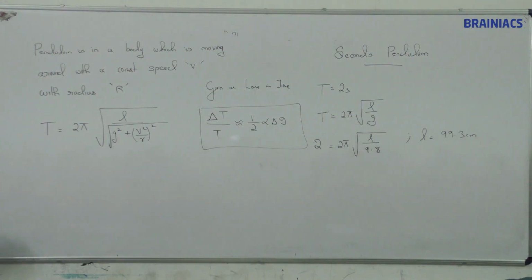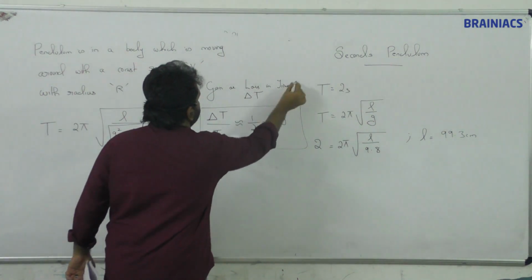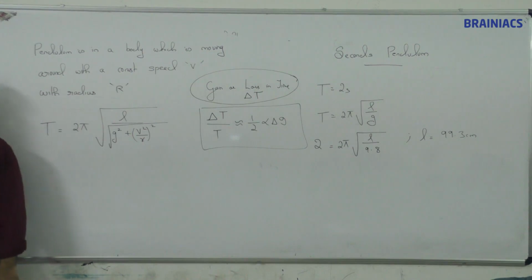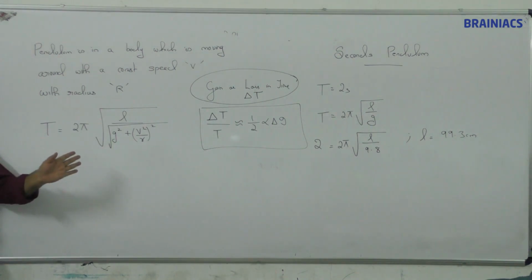So gain or loss in time is nothing but delta t. Time period into 1 by 2 alpha delta theta gives you the loss or gain in time. All these points are enough to deal with the problems under this category. Let them put the pendulum anywhere, we will deal with it. Clear?